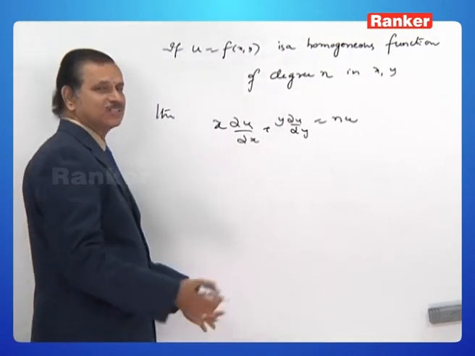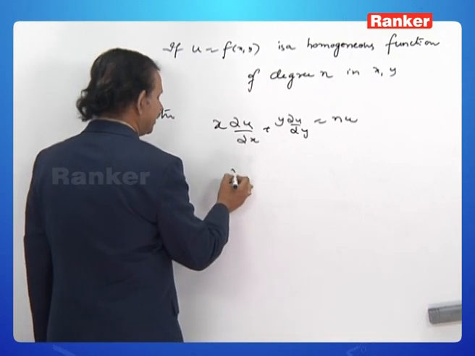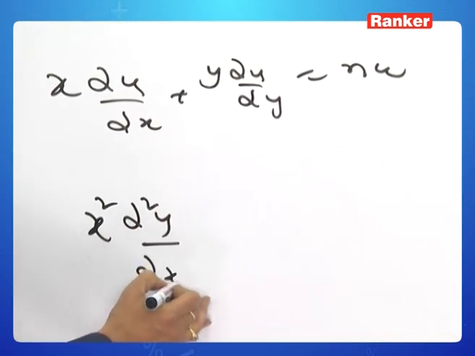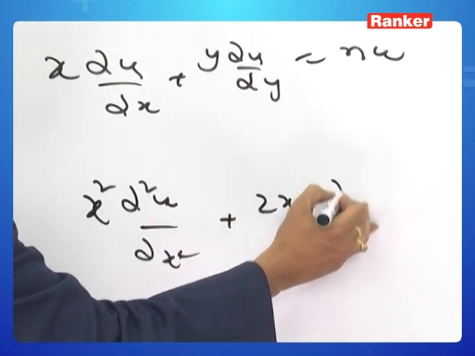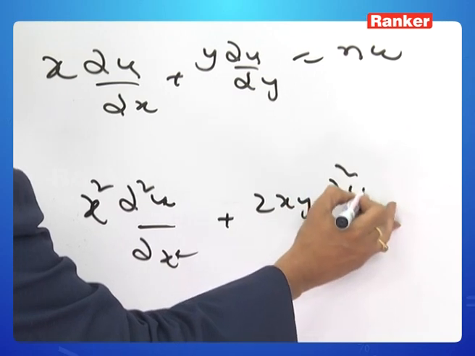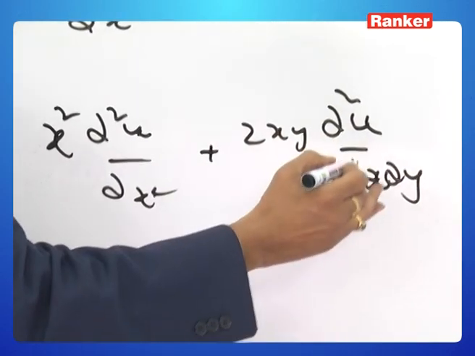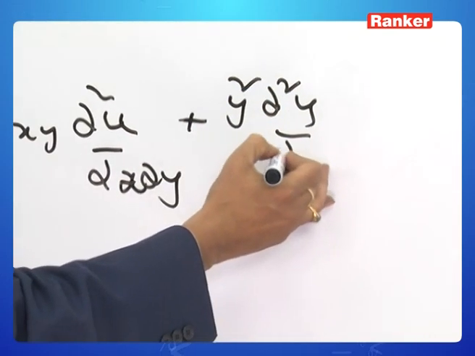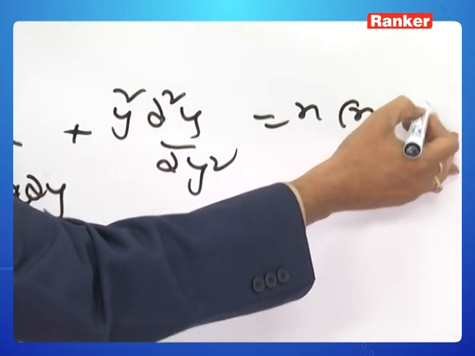And if you extend to the second derivatives also, then x square dou square u by dou x square plus 2xy dou square u by dou x dou y plus y square dou square u by dou y square is equal to n into n minus 1 into u.